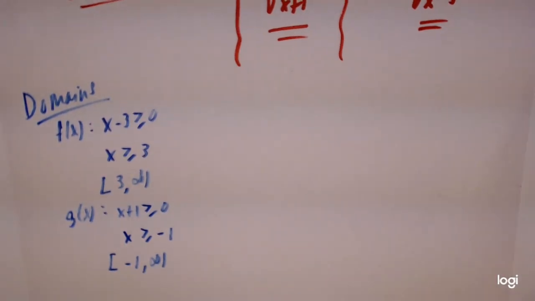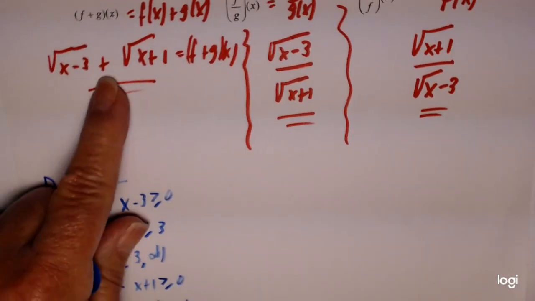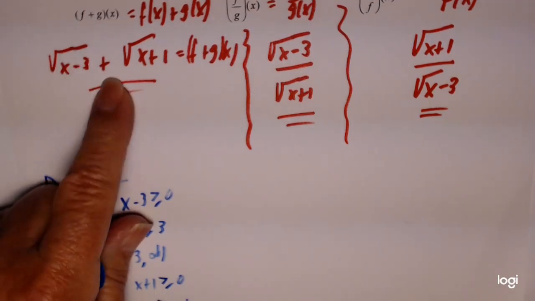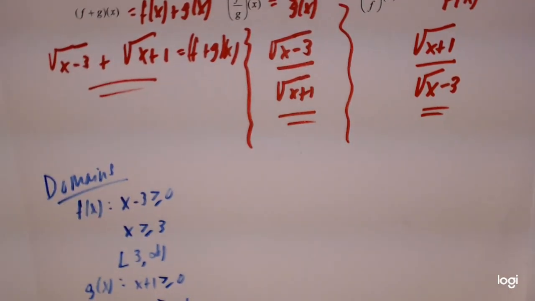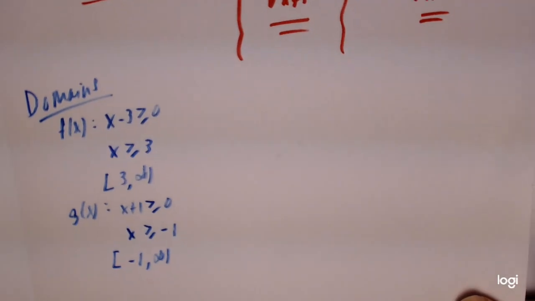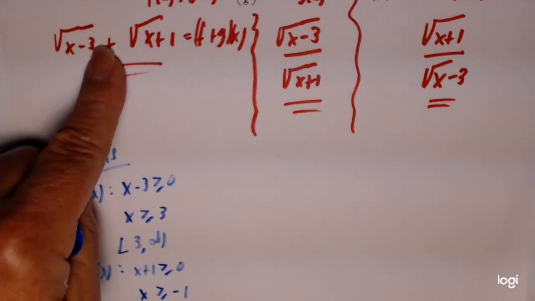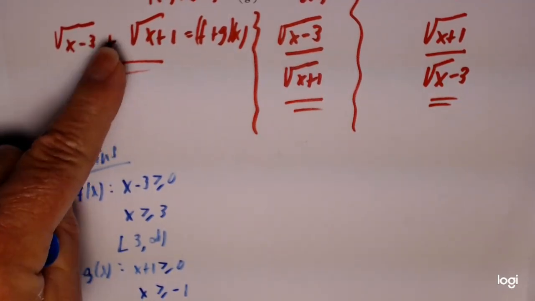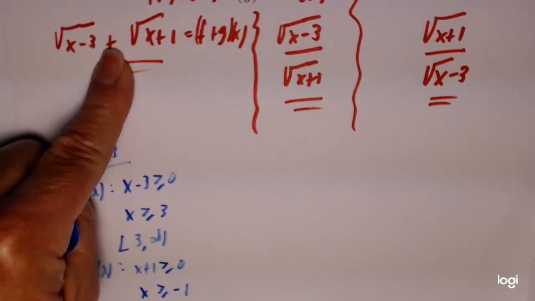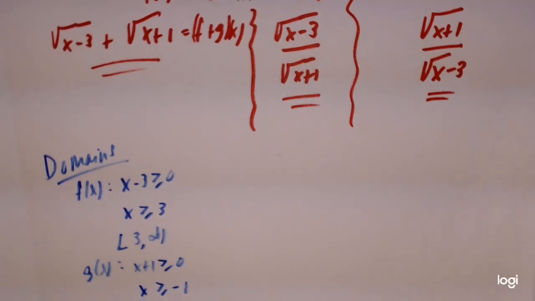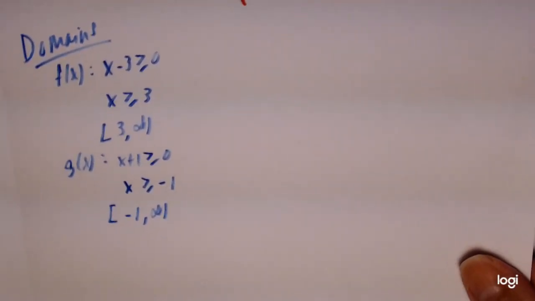The domain for this function we've created has to be what's in both. So if something is kicked out of one of these domains, it has to be kicked out of here. The domain for this can only include what's allowed for both of these, the intersection of these.